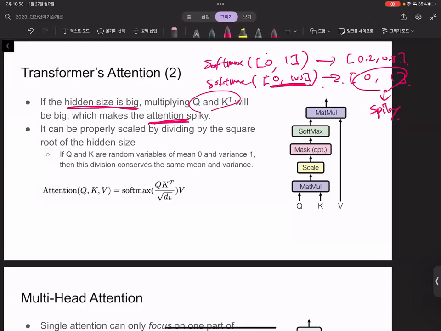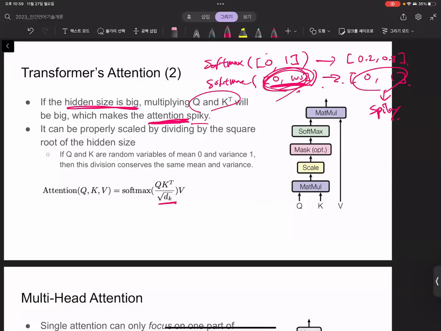So the scale of the input of softmax matters. Okay. And we do not want to make the attention spiky. So we want to normalize this tensor. How?